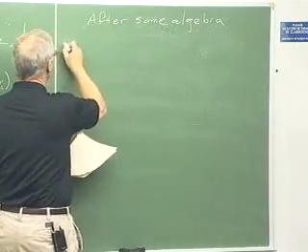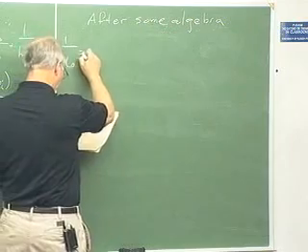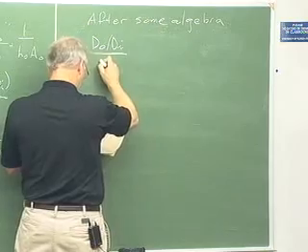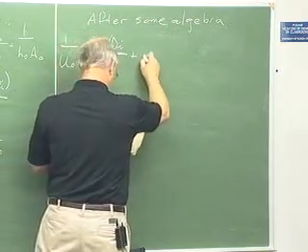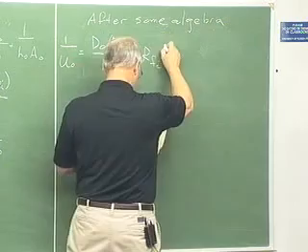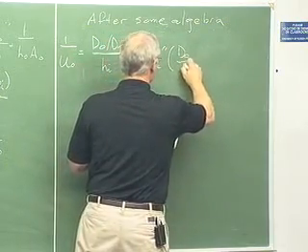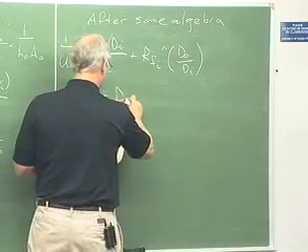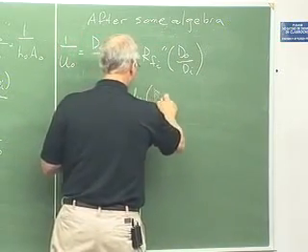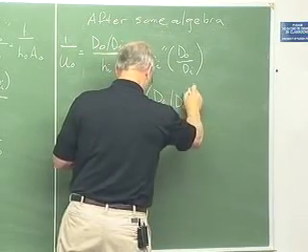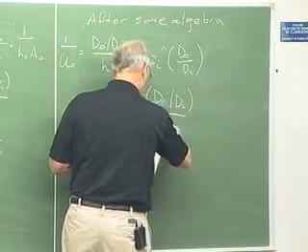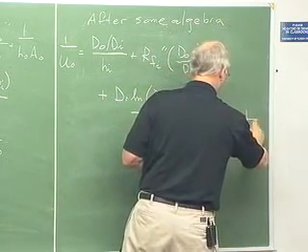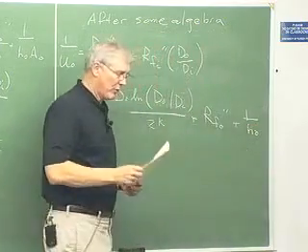We end up with 1 over U0 equals D0 over DI HI, and so on. We end up with that term.